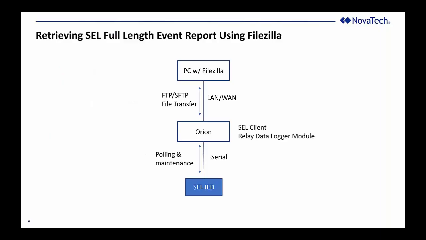Our first task is going to be retrieving a full-length SEL event report using FileZilla. So, the application I have right now: I have a PC with FileZilla on it. I also have an Orion that I'm connected to, and that Orion is connected to an SEL device, an SEL 351.